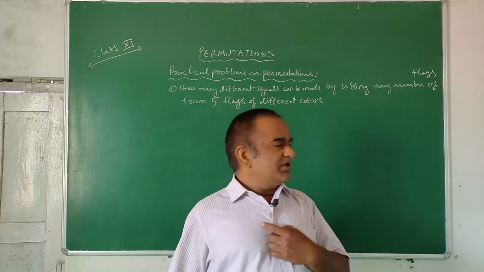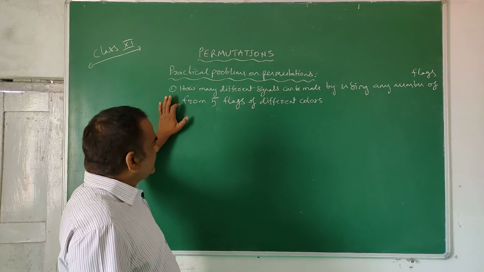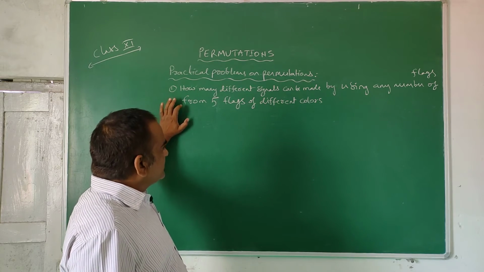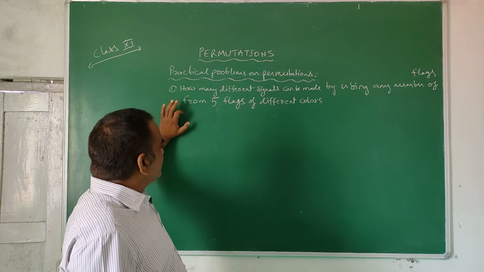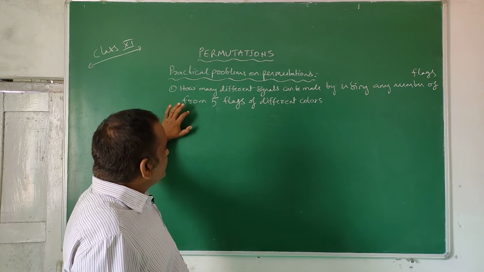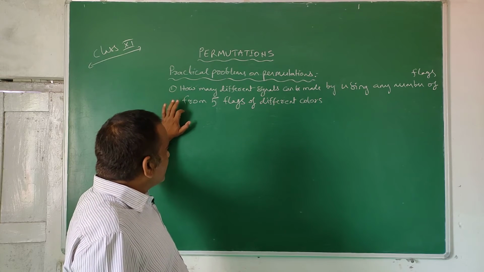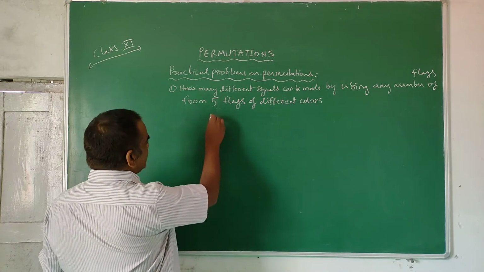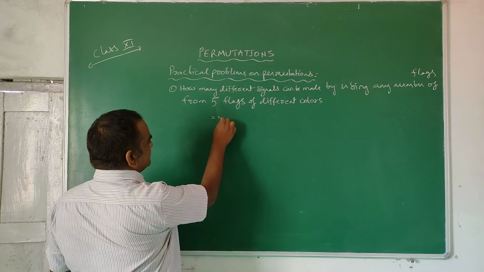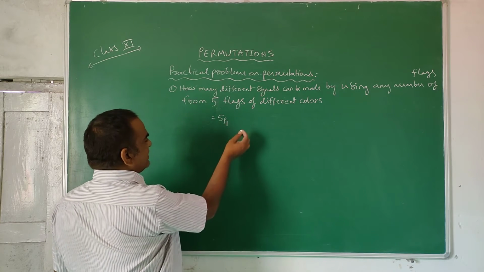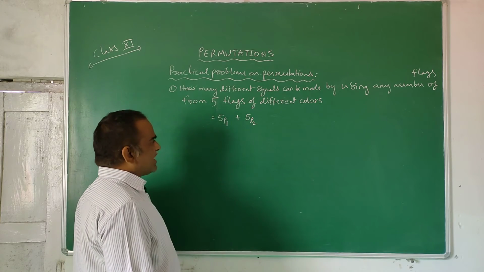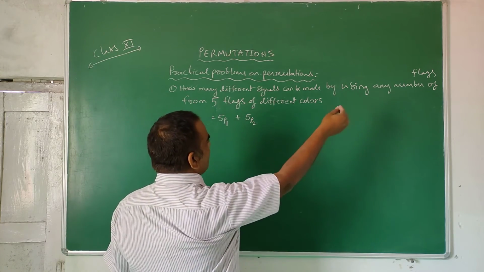So here, how many different signals can be made by using any number of flags means you can use any number of flags from 5, starting from 1. So the required number of permutations is equal to the number of signals made with 1 flag plus the number of signals made with 2 flags, and so on.